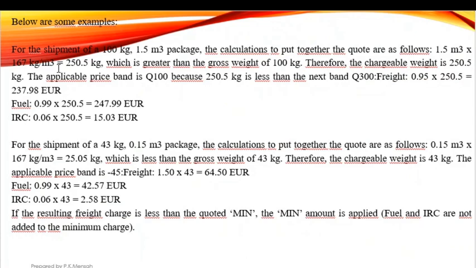Okay, so if the 1.5 meter is going to confuse you, if you make it back to meter, we'll get the same answer. It means the package is large and so they are putting it into meters. That shouldn't confuse you.